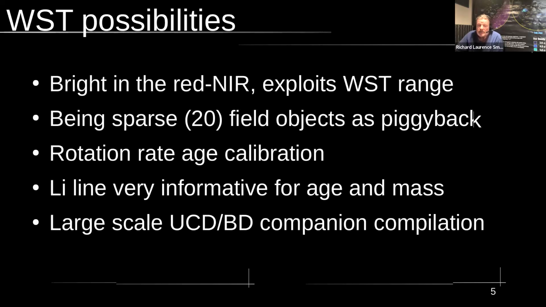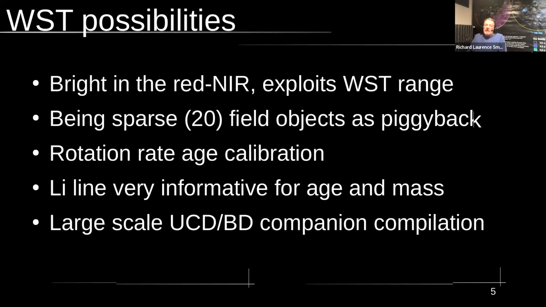They are very sparse, as I said. There are probably about 100,000 at the Gaia level. As they are close, they are pretty uniform over the sky. So in any given WST field, a 10 degree field, you do the calculation, you'll find that there are about 20 or so objects in any pointing.